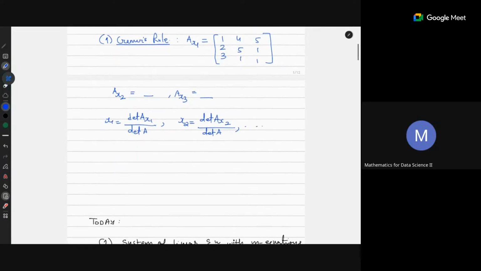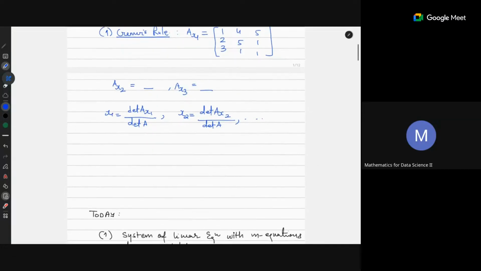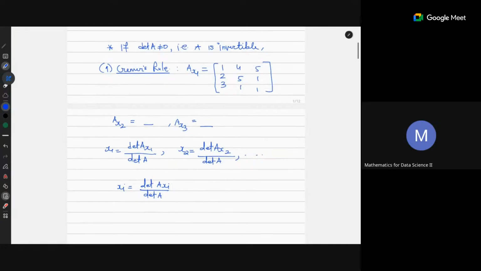In general, if you have a larger system with n variables and n equations, then xi is the determinant of A_Xi divided by the determinant of A. This makes sense because the coefficient matrix has a non-zero determinant. Otherwise, this won't make sense.